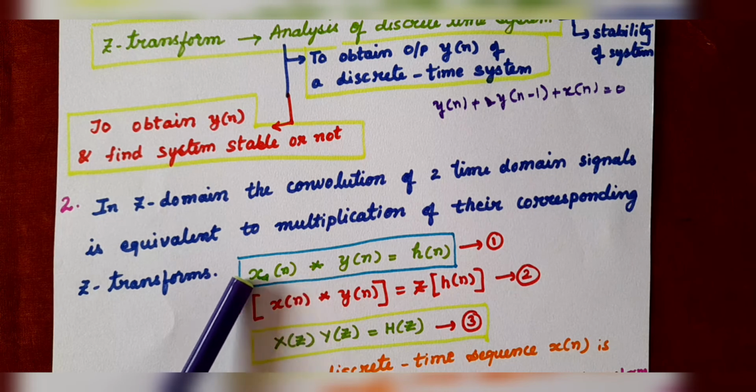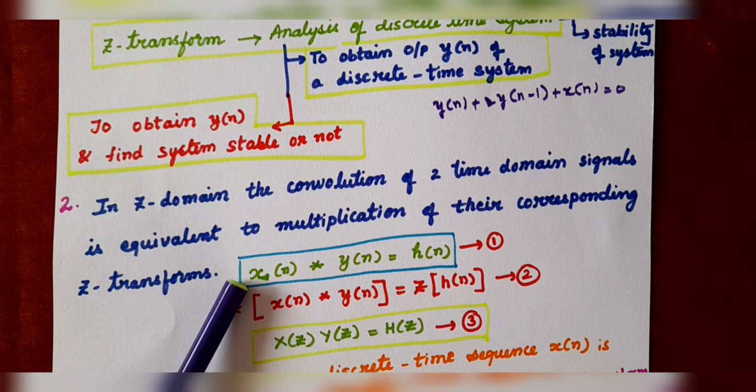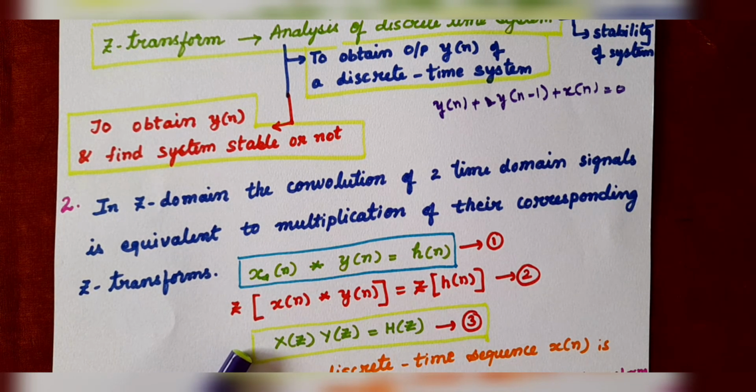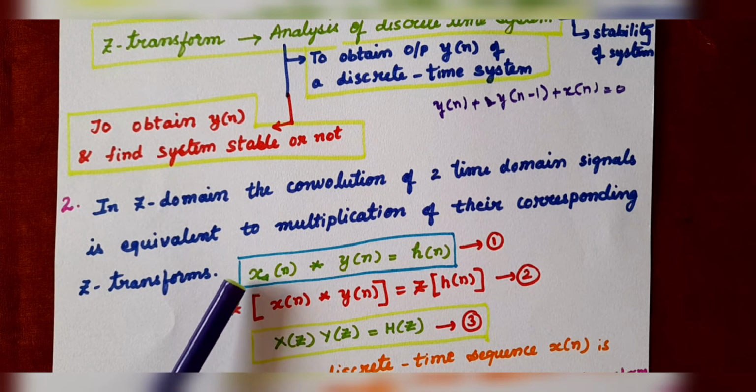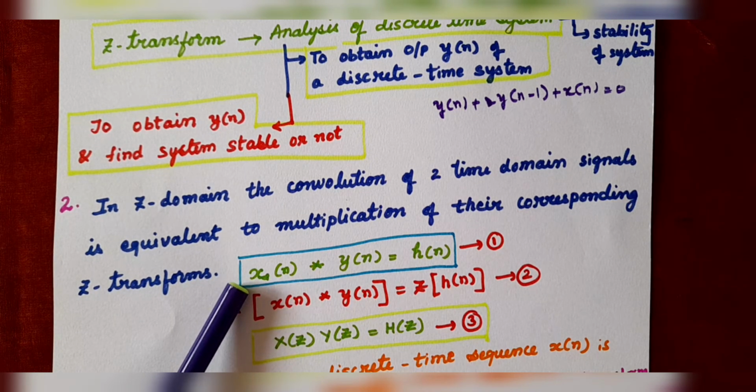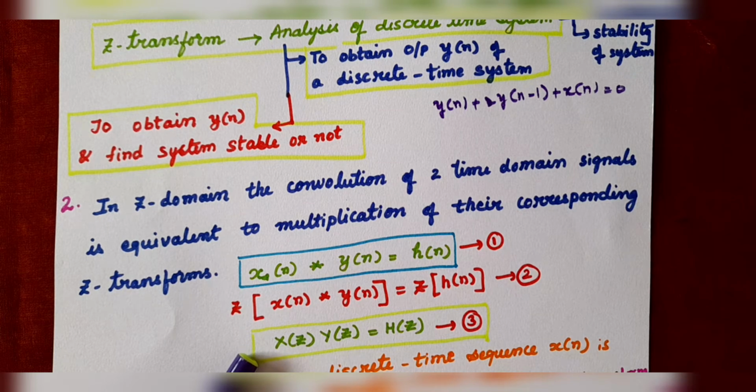So, when two signals are convolved in time domain, it is equivalent to multiplication of their corresponding Z transforms.